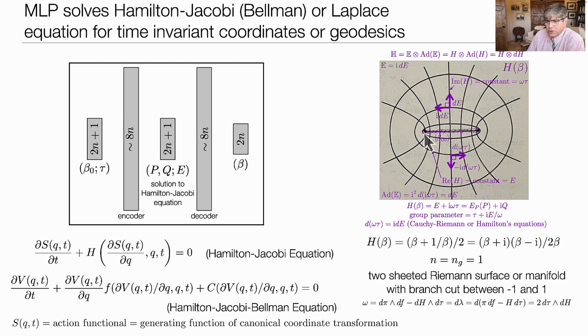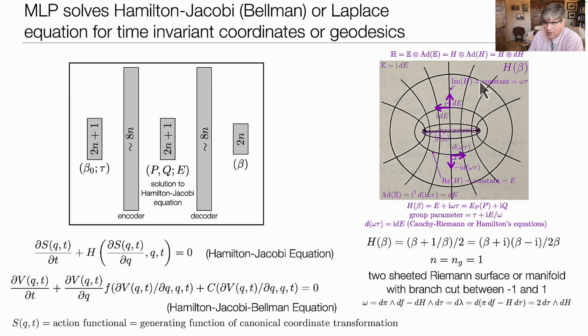Now, if I just told you that there was this branch cut, you could solve Laplace's equation and come up with this analytic form for the Hamiltonian. And the contours of the real part of this Hamiltonian equal to a constant are the geodesics of this particular manifold.